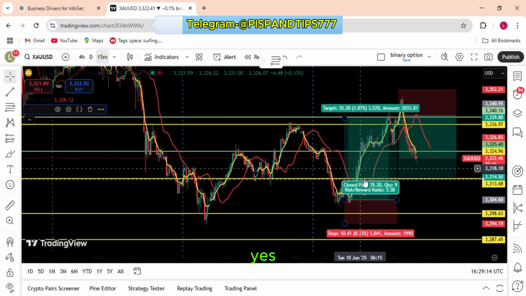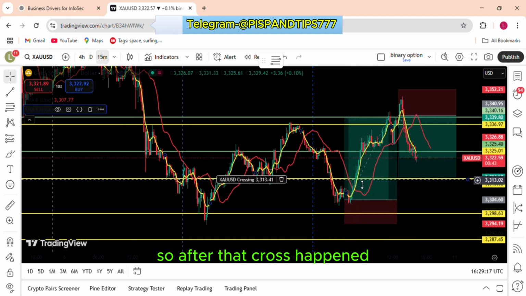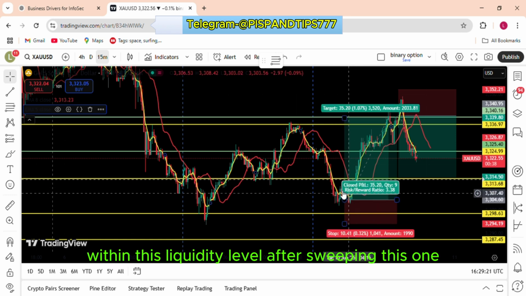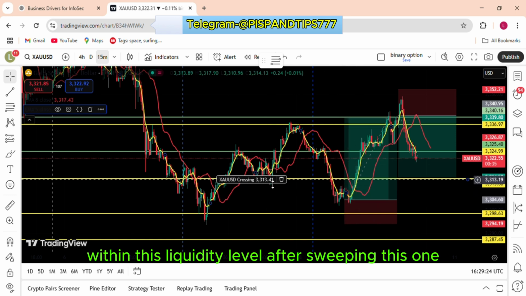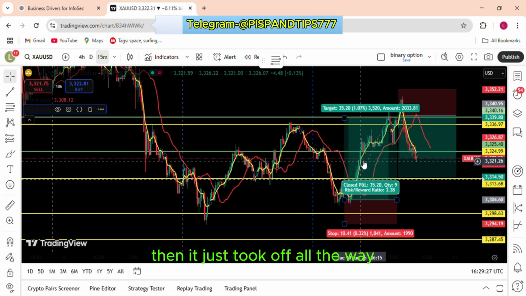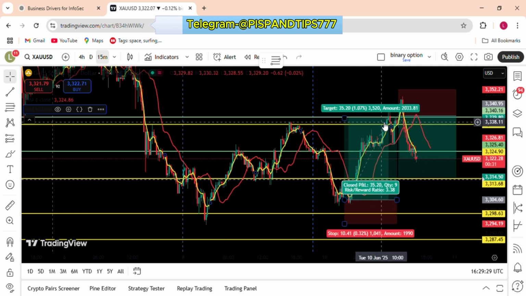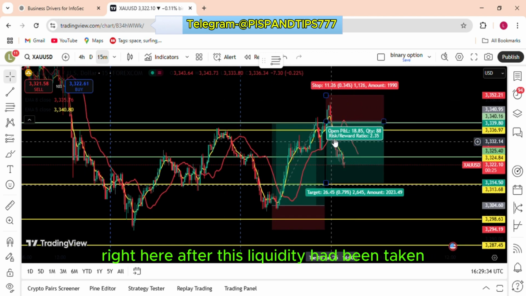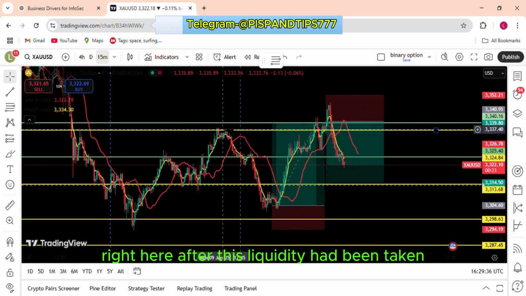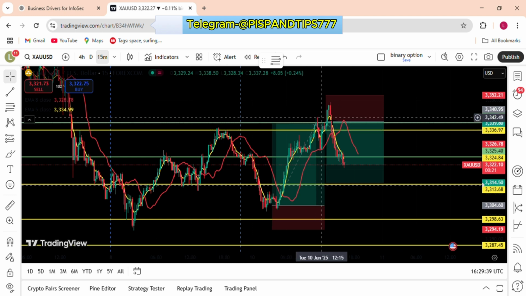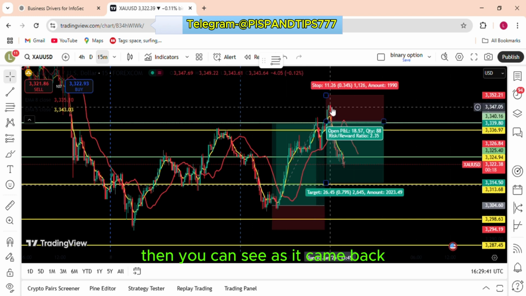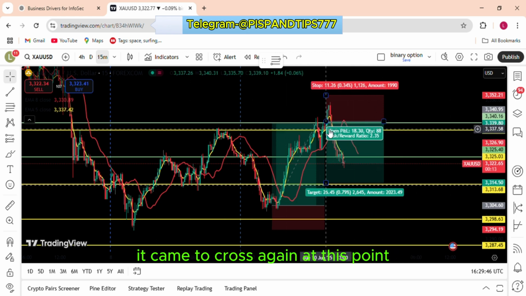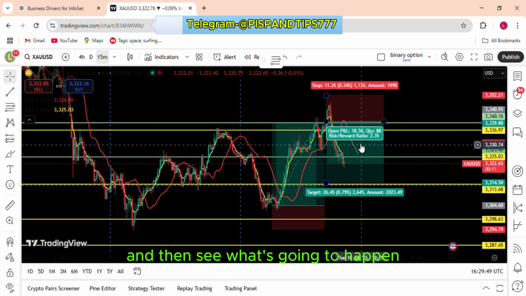After that cross happened within this liquidity level after sweeping this one, it just took off all the way. And then you can see right here too, after this liquidity had been taken, as it came back, it crossed again at this point, and see what's going to happen.